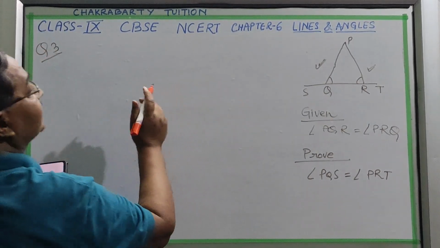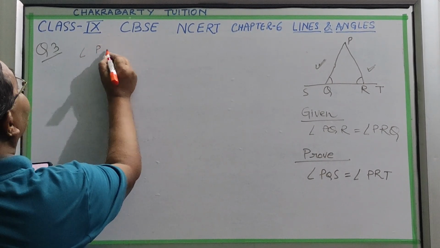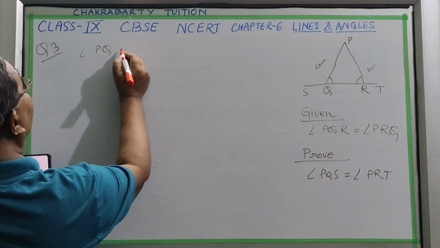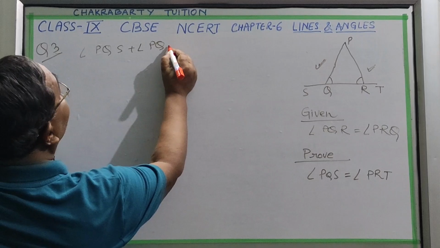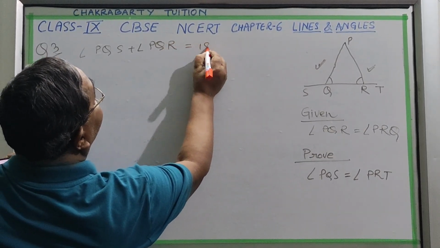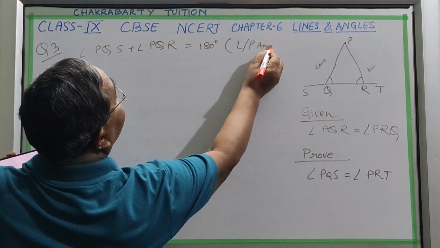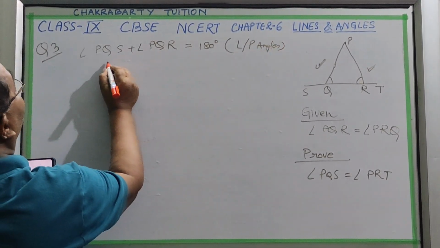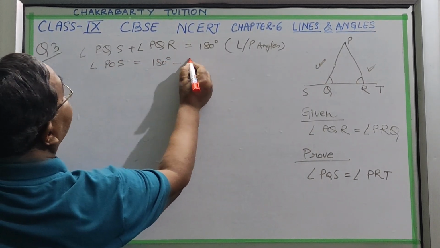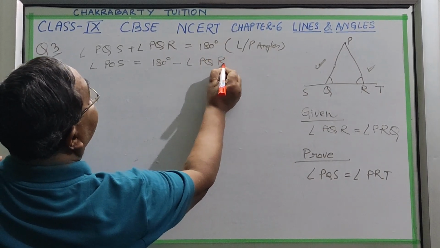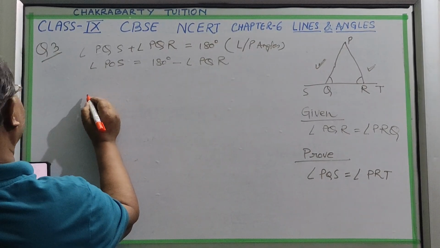So if ST is a line, then angle PQS plus angle PQR will be equal to 180 degrees, linear pair angles. So angle PQS will be equal to 180 degrees minus angle PQR.